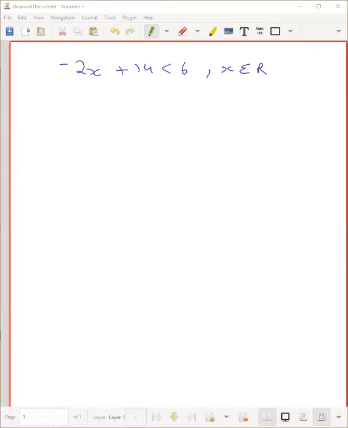Siddhant, that is correct. The rest of you, send me your answer. What will the value of x be equal to?